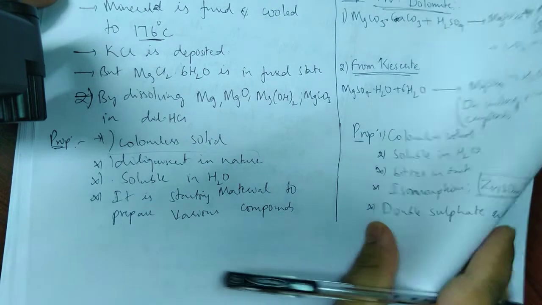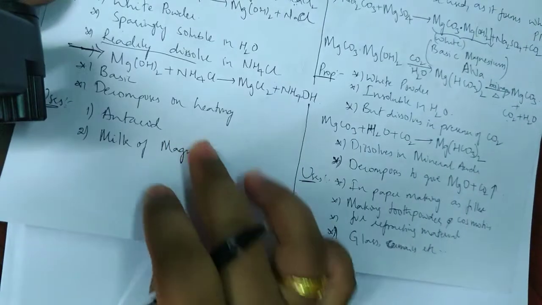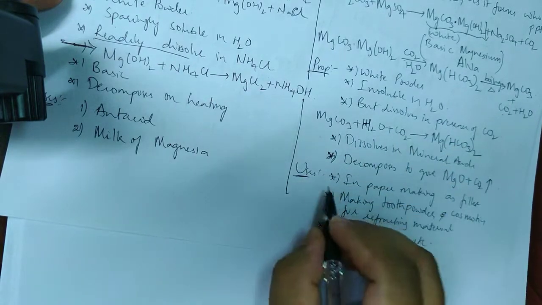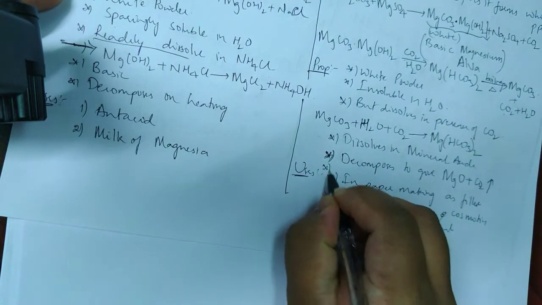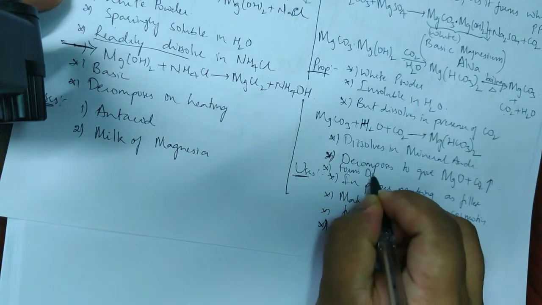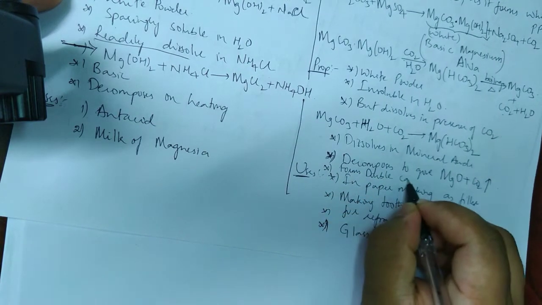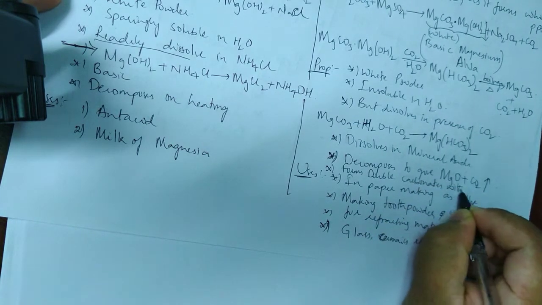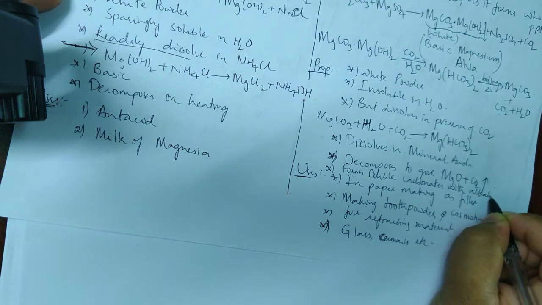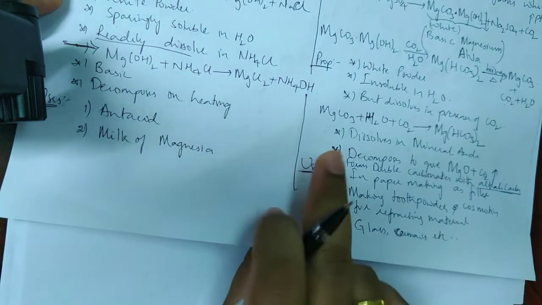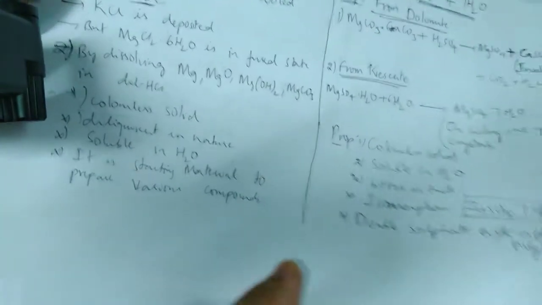In fact, I forgot to tell here also that magnesium carbonate also forms double carbonates with alkali carbonates, like Na2CO3 and MgCO3 existing together.